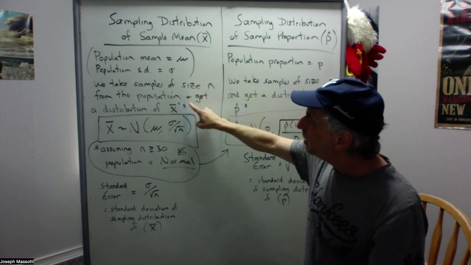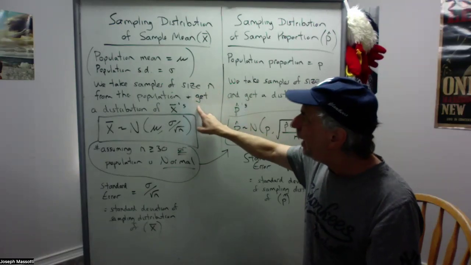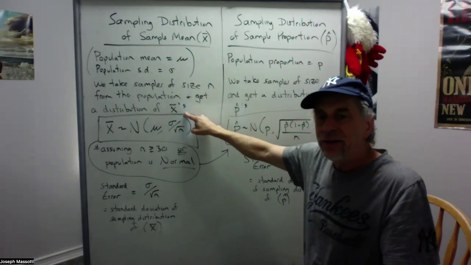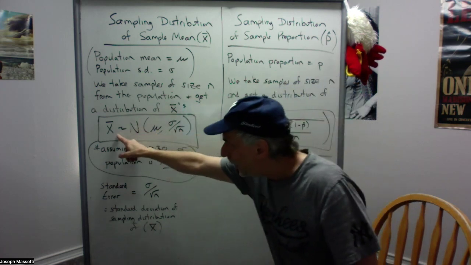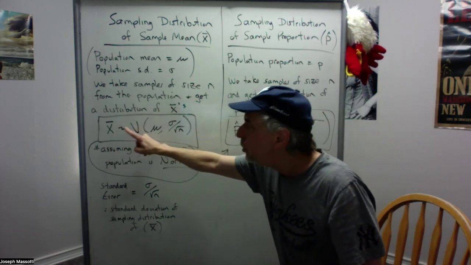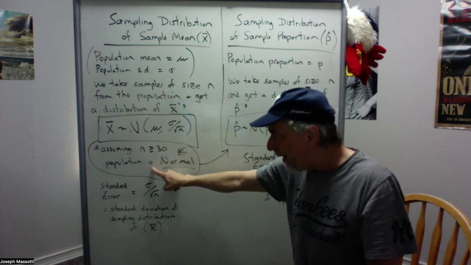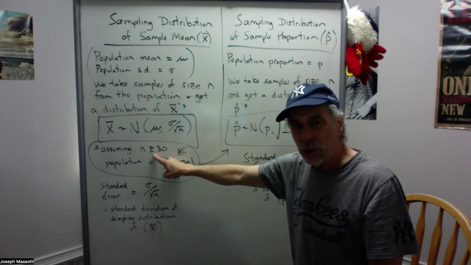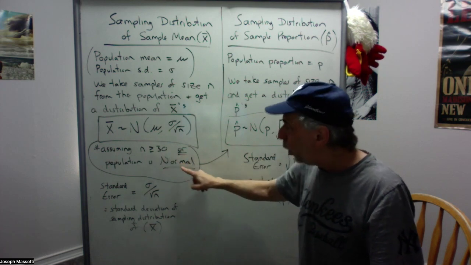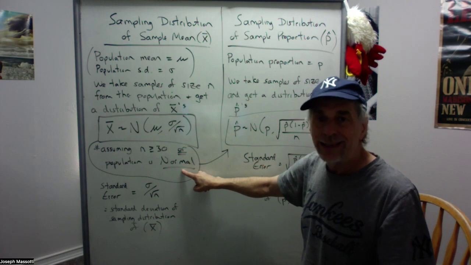We take samples of size n from the population and get a distribution of an infinite number of sample means, theoretically. And those sample means are going to be distributed normally, assuming from our central limit theorem that our sample size is greater than or equal to 30, or that the population itself is normal.